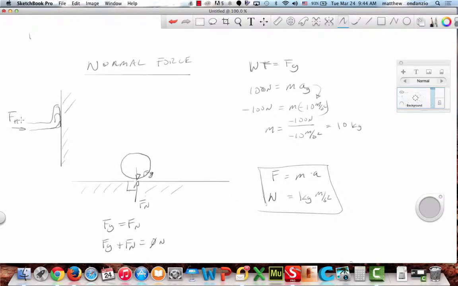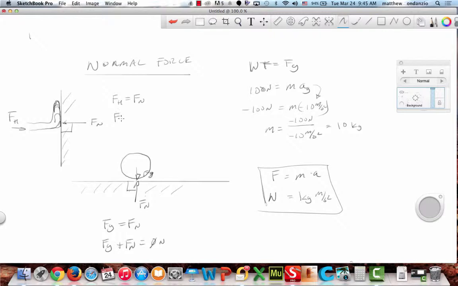Yes. The wall. Which direction does it push? Okay. So my normal force is perpendicular to the wall. You guys see that? And that normal force, if I'm pushing against the wall and the wall isn't moving, what do I know about the values of the forces? So F hand equals Fn.